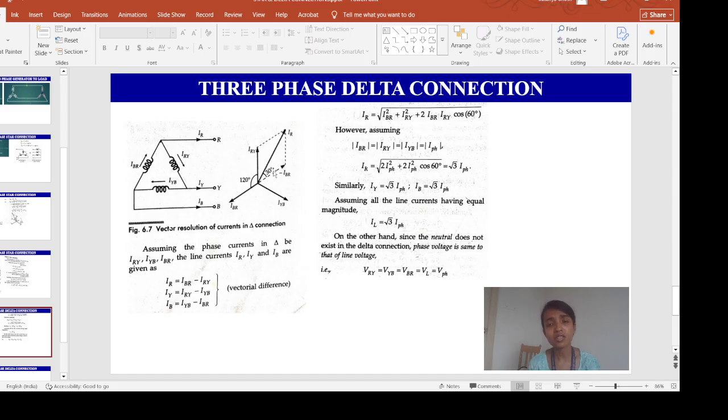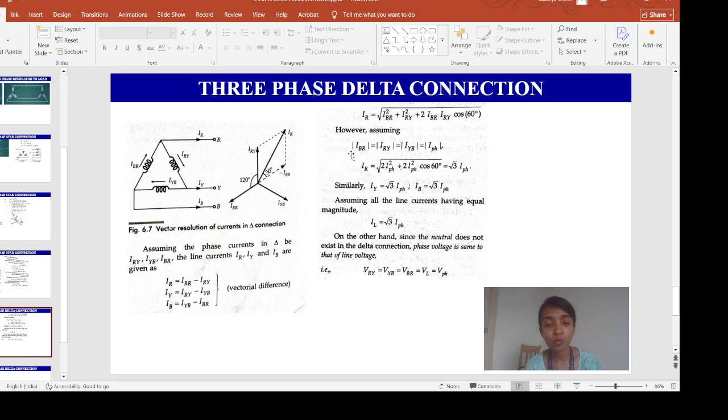So IR we can write as IBR minus IRY. How can we represent it in terms of vectors? Root over of IBR square plus IRY square plus 2 into IBR into IRY into cos 60, because the angle between these two phase currents IRY and minus IBR is 60.